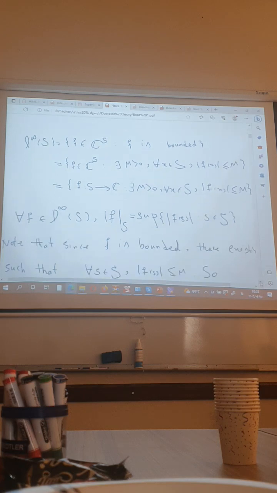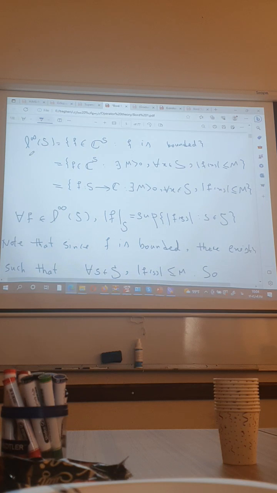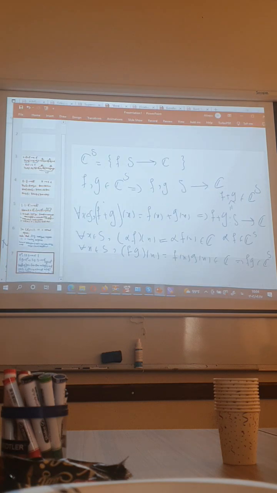And it is very trivial that if we consider these three operations, we see that L infinity is a subset of C^S, okay?